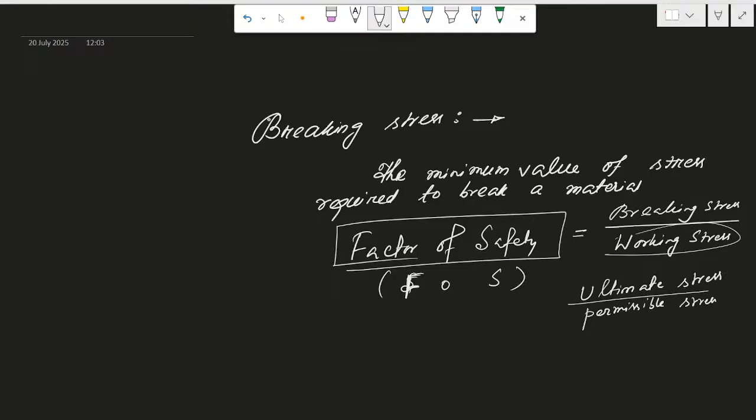That is the working or permissible stress, and the breaking stress means the structure will fail. So it is a much more important parameter in this chapter, where we are studying the mechanical properties of solids.